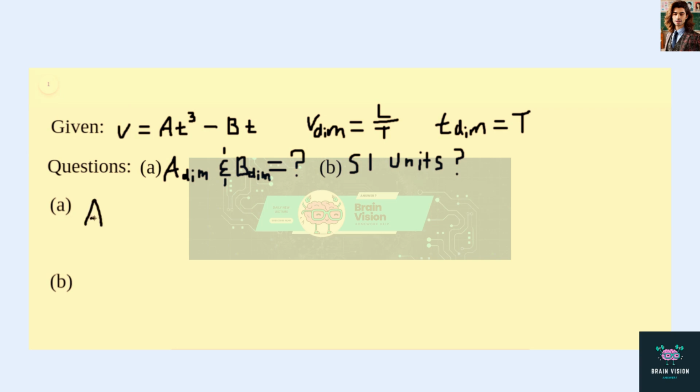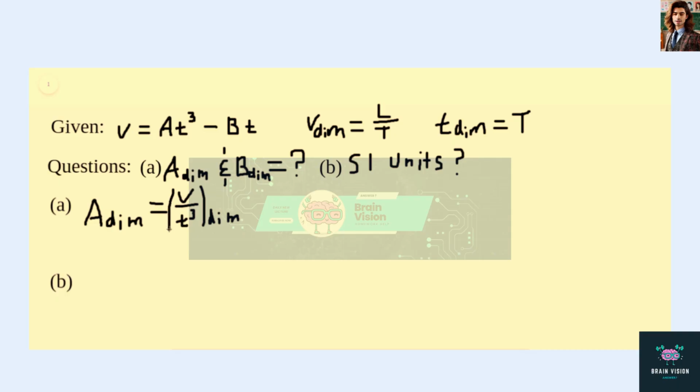So we can write this out. A dimensions are equal to v over t to the third. I'll write dim over here to denote that this is all dimensions.